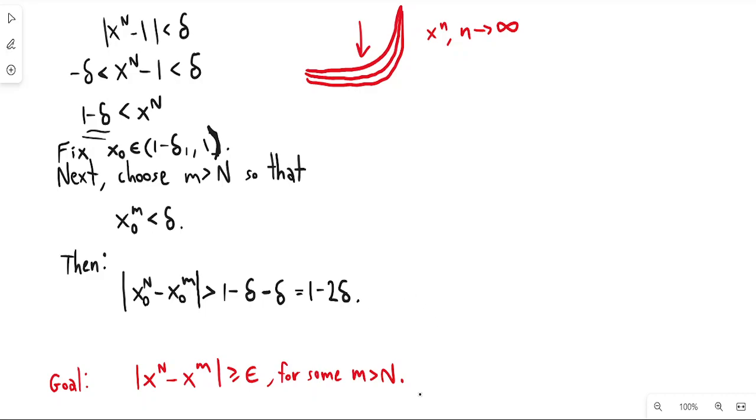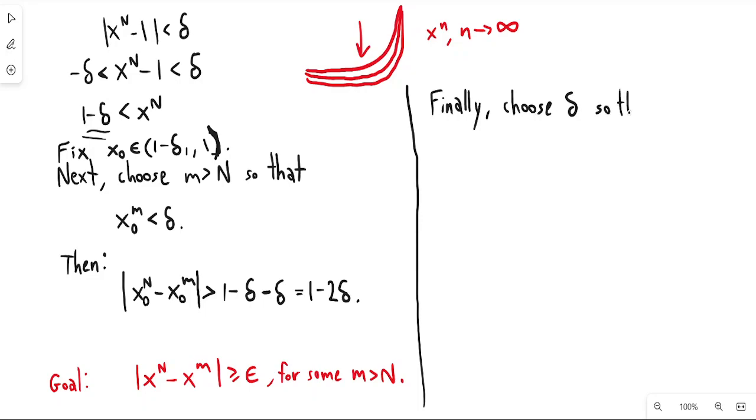So the ultimate goal was to make this greater than or equal to epsilon. And so finally, we just choose a delta so that 1 minus 2 delta is greater than or equal to epsilon, right?